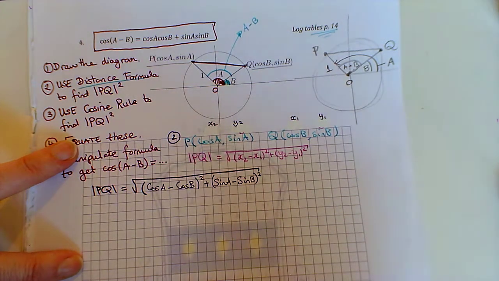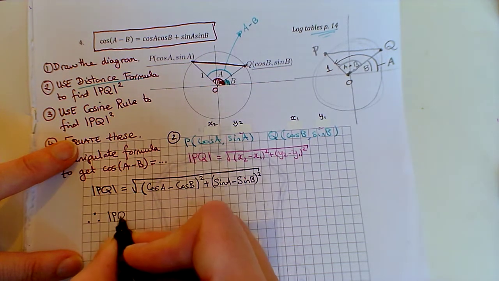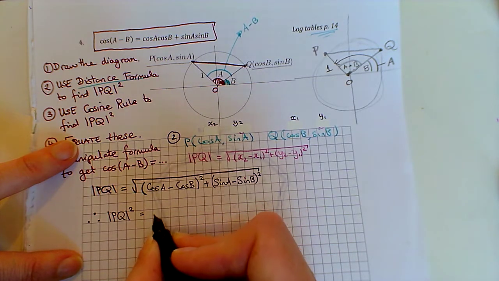Okay, and I'm going to square both sides, so therefore PQ all squared is going to be, and let me square out my brackets as well.